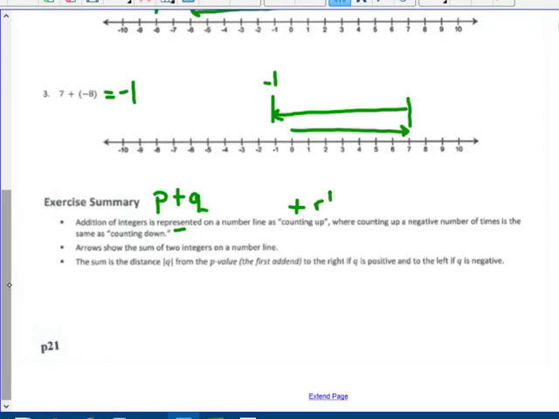This is right, and this is left. Arrows show the sum of the two numbers on the number line. And the sum is the distance that Q is from the first value, P, the addend, to the right if Q is positive, and to the left if Q is negative.